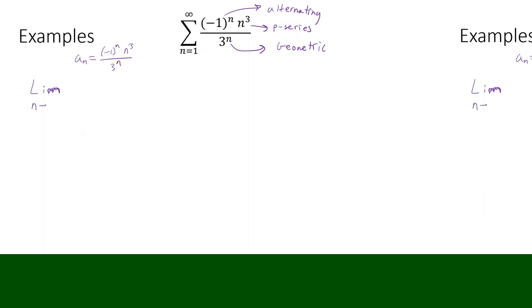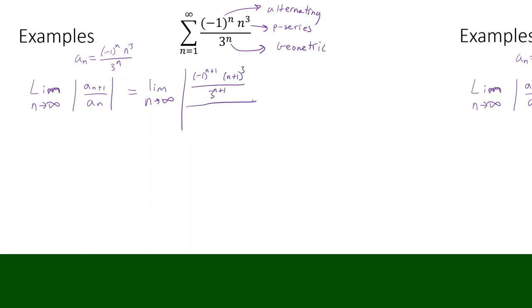So remember, it's the limit of the absolute value of a sub n plus 1 over a sub n. So next term divided by the previous. All I have to do is plug this into my a sub n. So this is the limit as n goes to infinity, absolute value, so on top I plug in n plus 1 everywhere. Okay.